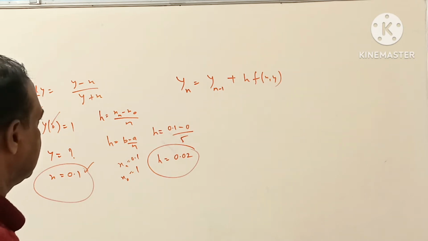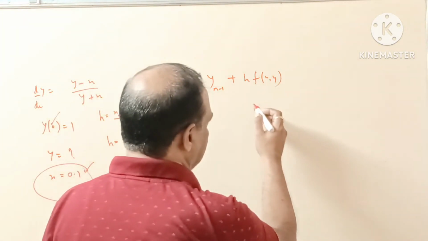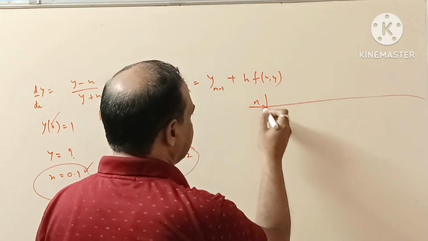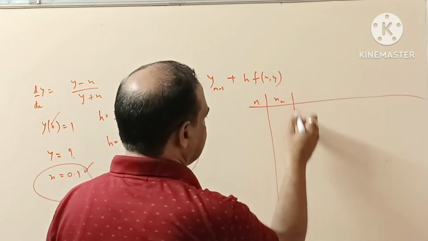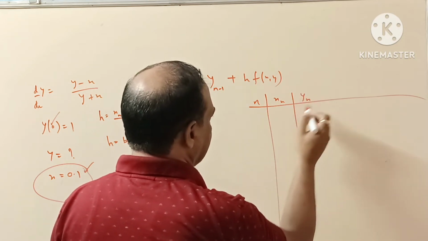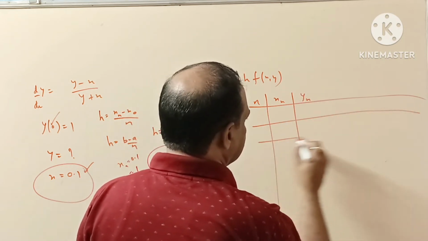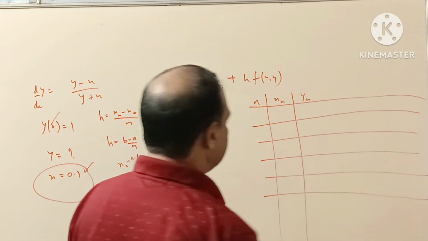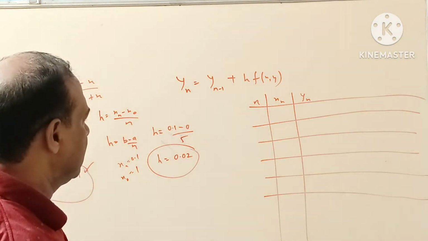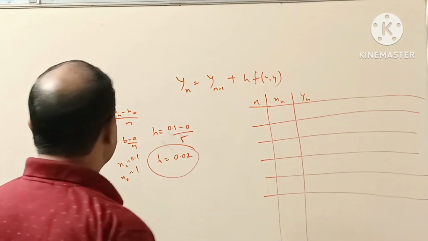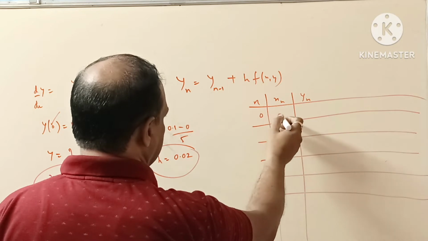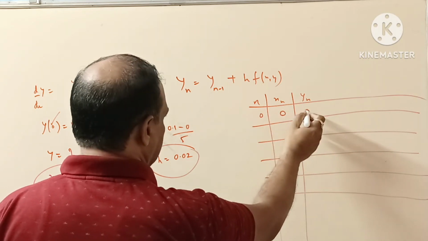Now I am making a complete block here. This is n, this is x_n, and this is y_n. For n equals 0, x_0 is 0 and y_0 is 1.